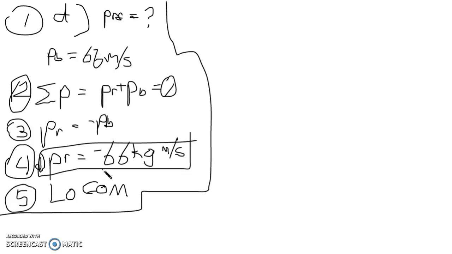Now let's go on to step E. What will be the momentum of the rifle-bullet combination immediately after the bullet has been fired? Okay, so now we actually have to do work. Can you believe it? Never mind, I take it back.